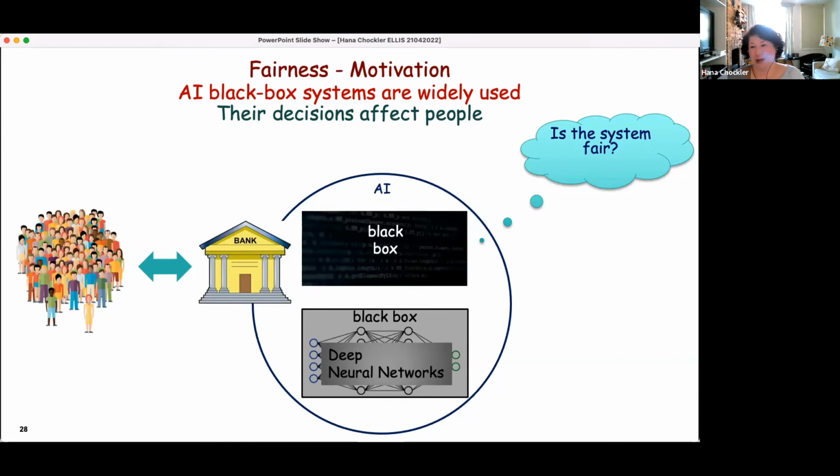For example, banks are known to use black box, proprietary AI software to decide very important questions about their customers, such as giving them a loan, a credit card limit, etc. So it's a very important question to ask whether the system is fair.